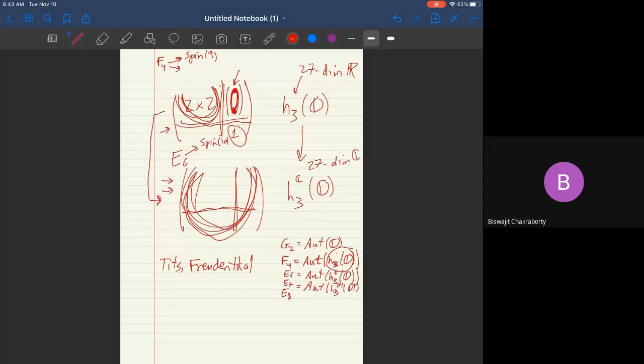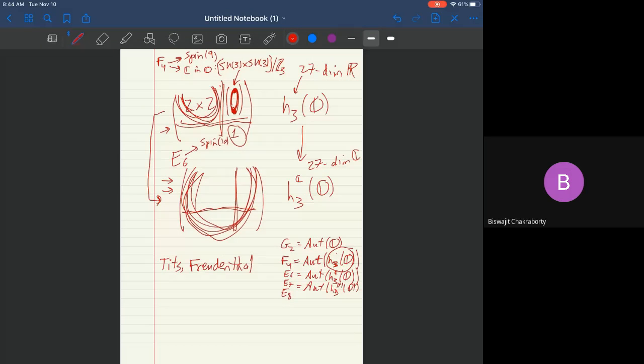Up here, on the top, the subgroup that preserved the embedding of C in O, the embedding of C in O, complex numbers in the Octonions. In this case, it was SU3 times SU3 mod Z3.